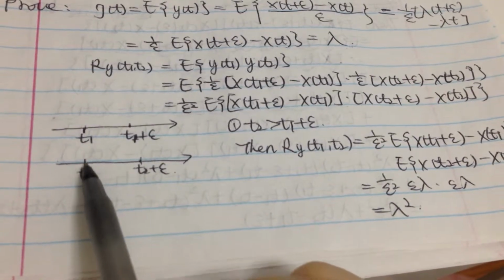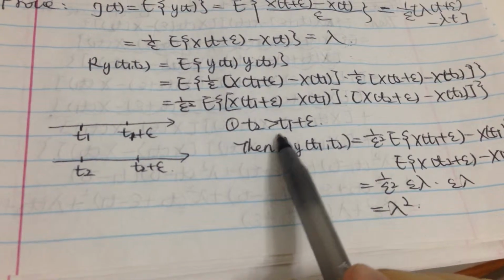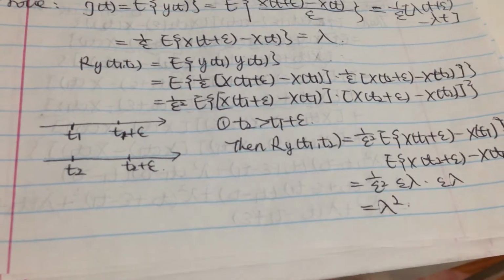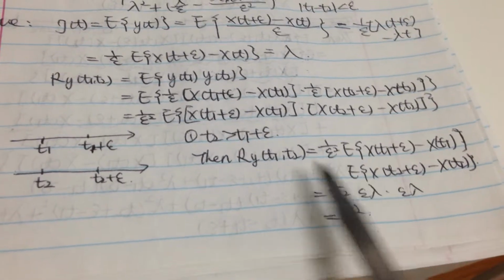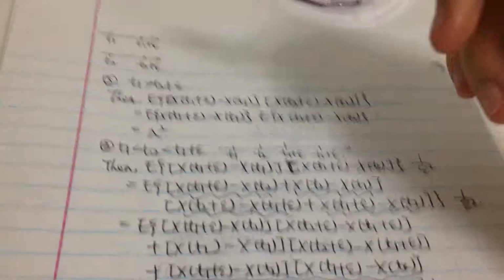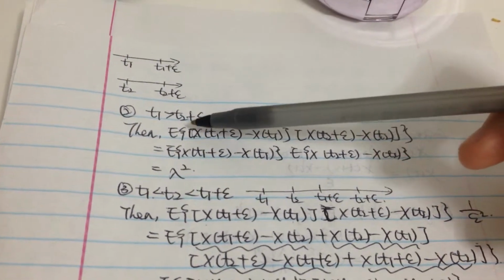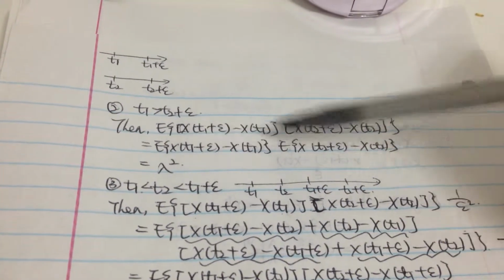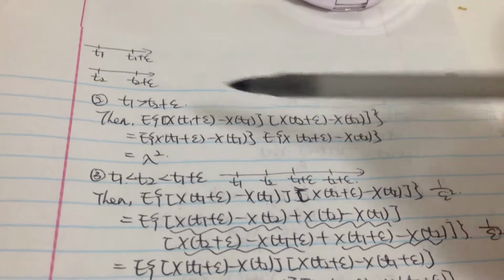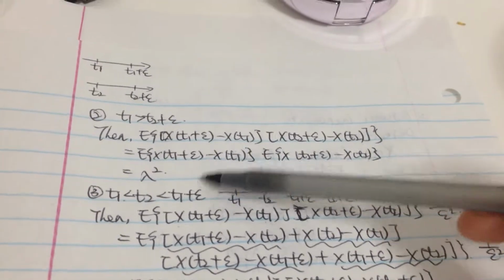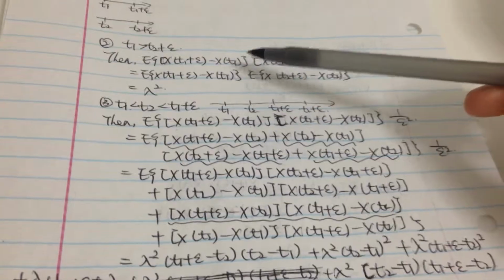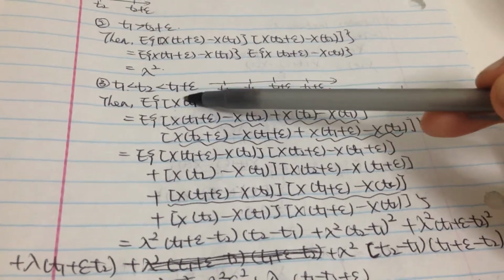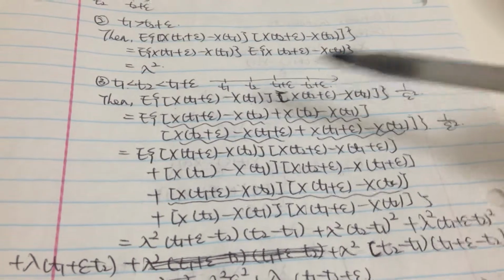The first is that if T2 is bigger than T1 plus sigma, obviously we could get this since they are non-overlapping. And later, if T1 is bigger than T2 plus sigma, we could write the expectation in this way as well, since it's non-overlapping. Later, if T2 is less than T1 plus sigma but bigger than T1, it means that they are overlapping.